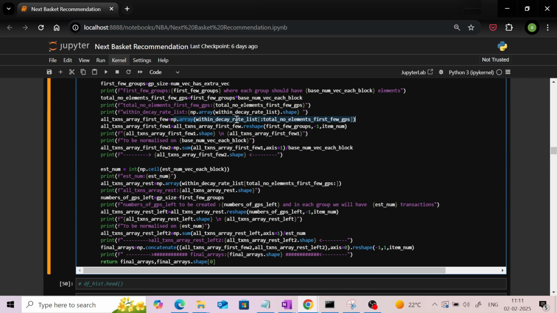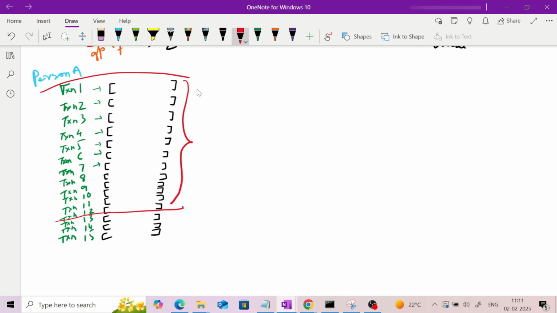Using the vector that we're getting from the ripple effect, only the first 12 transactions are being taken into account and saved in all transactions array first few. So these 12 transactions are being saved in this particular numpy array. So the shape of this numpy array is now 12 by 11,997.